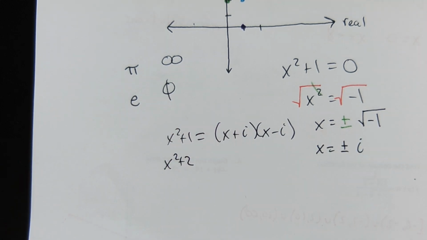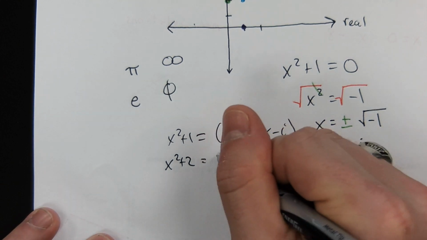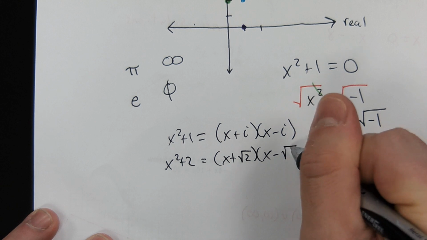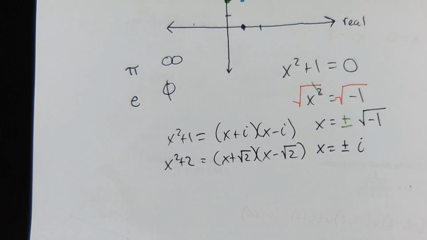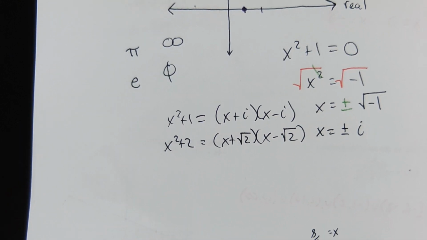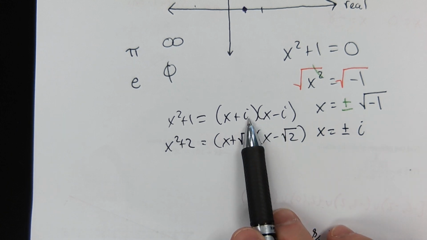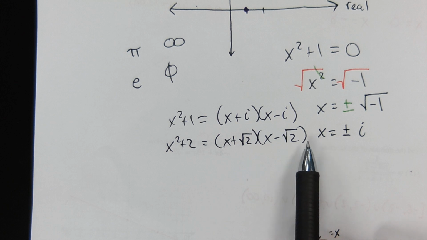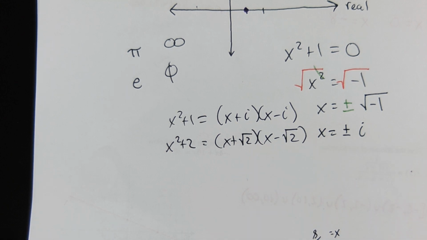Its solutions are plus or minus the square root of 2. And if I could factor using imaginaries and I could factor using irrational, I guess I could factor anything as long as I know the solutions.